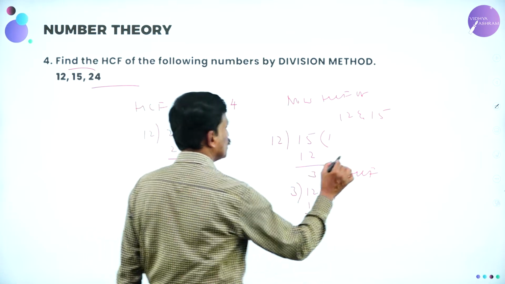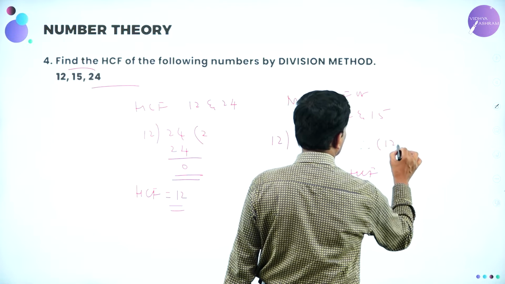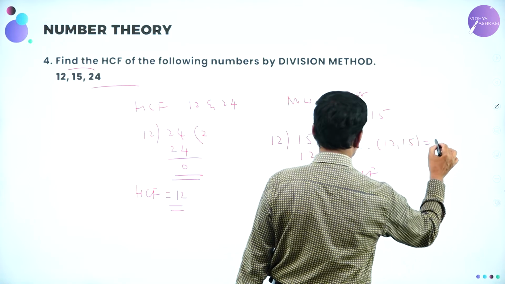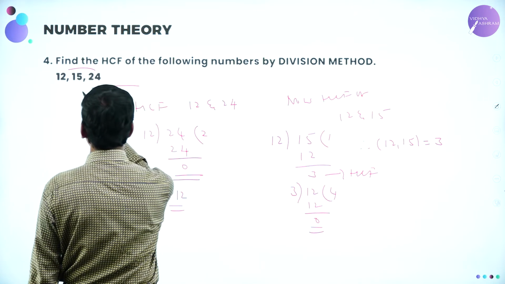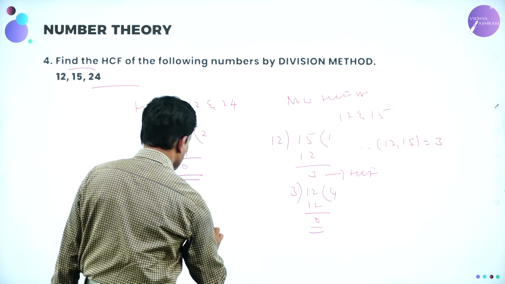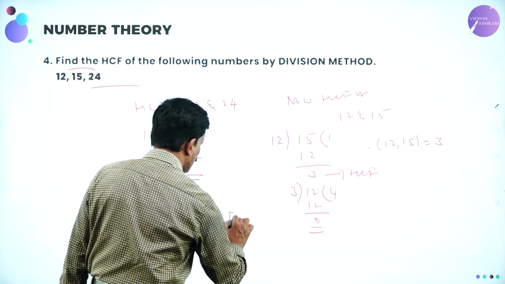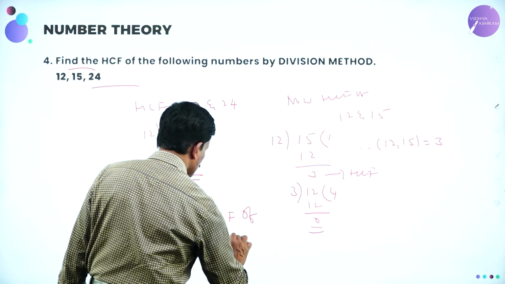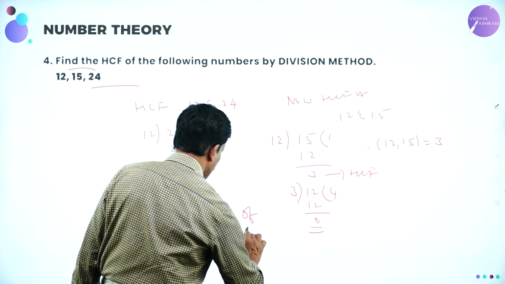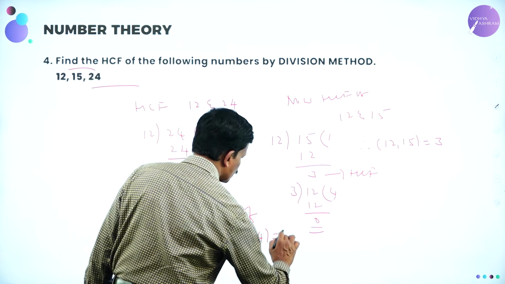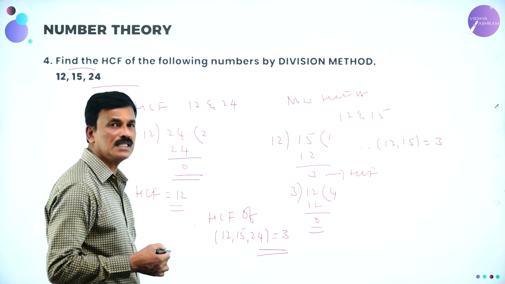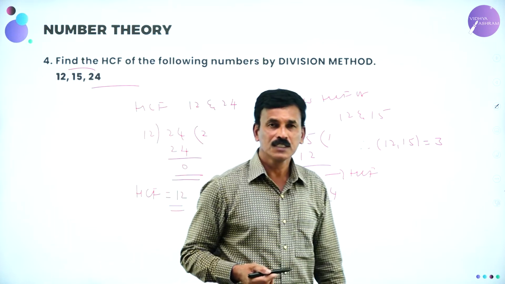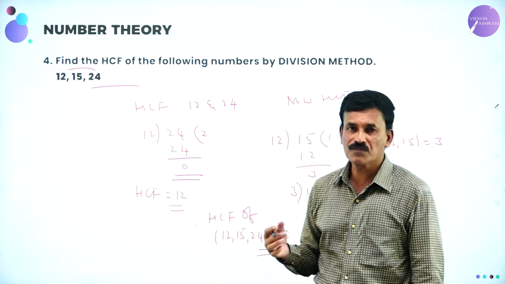So, the HCF of 12 and 15 is 3. In conclusion, the HCF of 12, 15 and 24 is 3. Hope you followed how to find the HCF of three numbers.